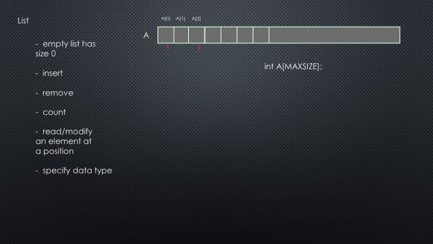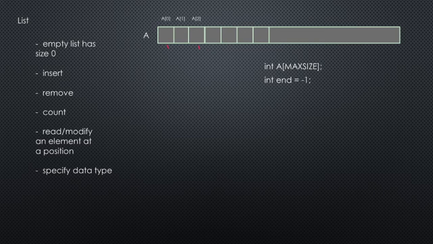So what I'll do is I'll declare a variable that will mark the end of the list in this array. If the list is empty, we can set the variable to -1 because the lowest index possible is 0. So if end is -1, then the list is empty. End is pointing to -1, which is not valid.